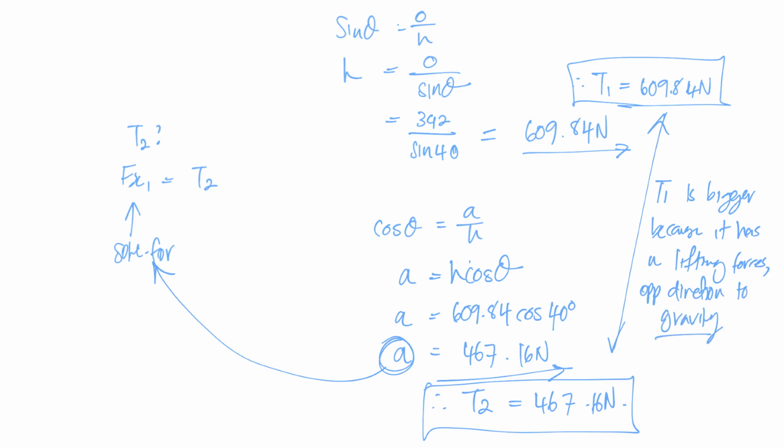So in order to lift something, you must overcome gravity. And because gravity has such a big magnitude, it is quite difficult to get through to that. So that is why T1 is bigger than T2, and T2 only has a pulling force. So when you're doing these types of questions, make sure you work with some sort of system.